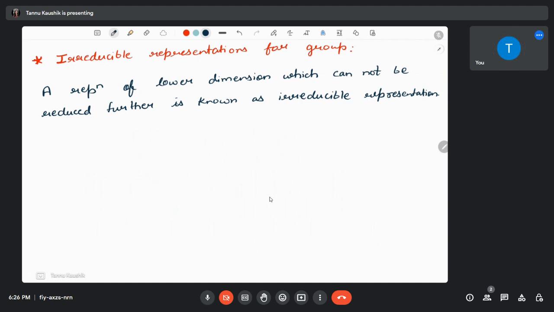It can be derived using postulates of the great orthogonality theorem.